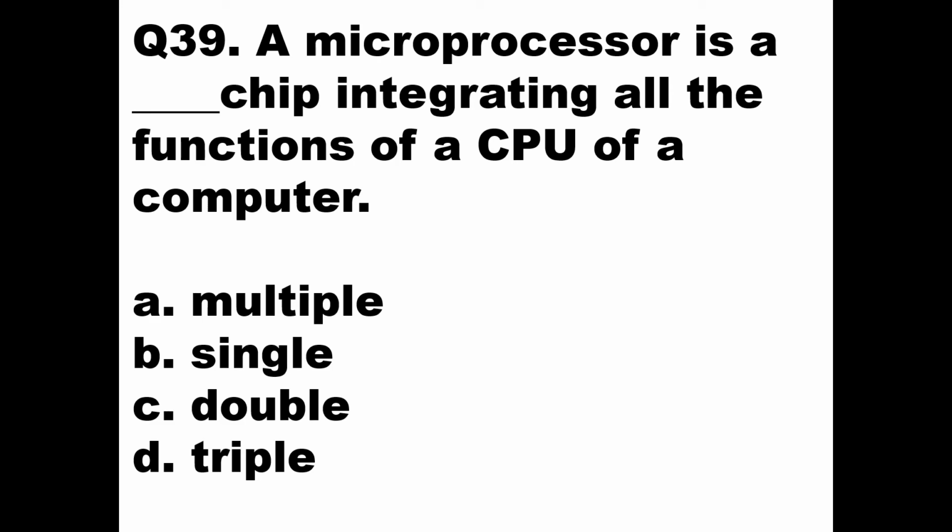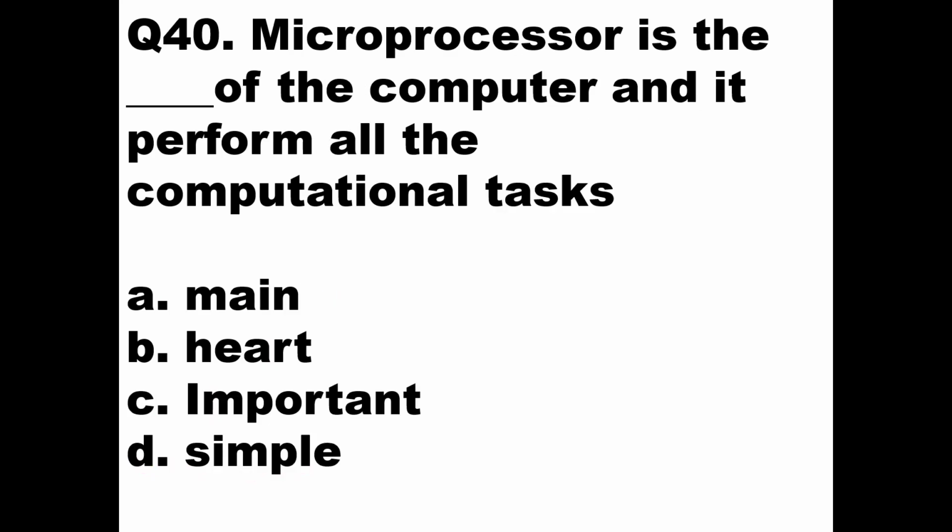It is a single chip on which all the CPU features are there, and that itself makes the main CPU of the computer. Clear? So here the answer should be single. Then we'll go to the next question, question number 40.